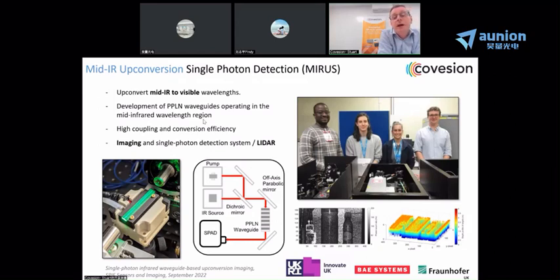And this is of interest for people doing drone observations, mid-infrared gas sensing, and other such applications. So what we've shown there is that we can go both to short wavelength and to longer wavelength, and we have viable waveguide technology.